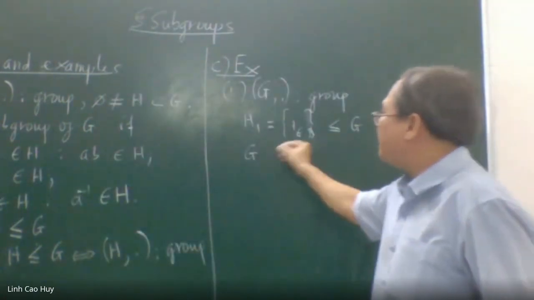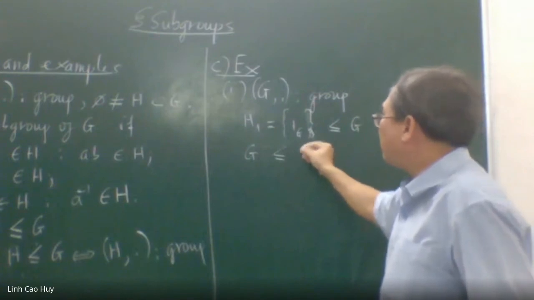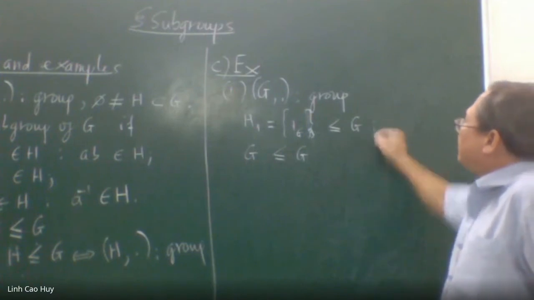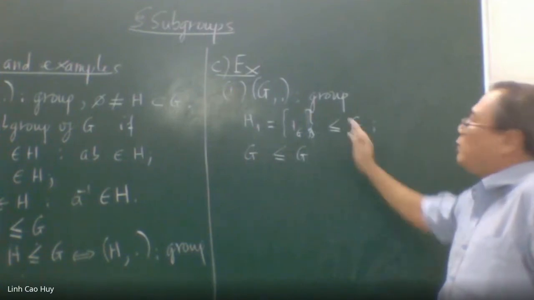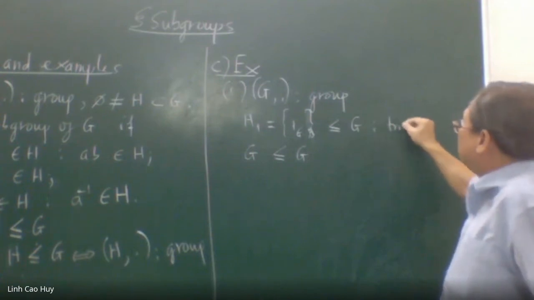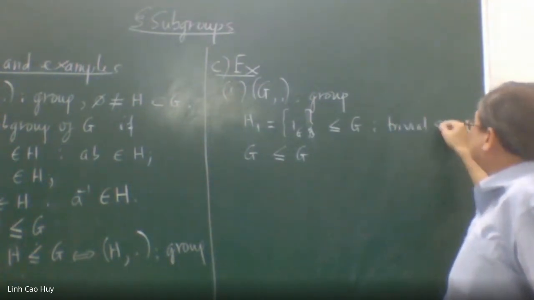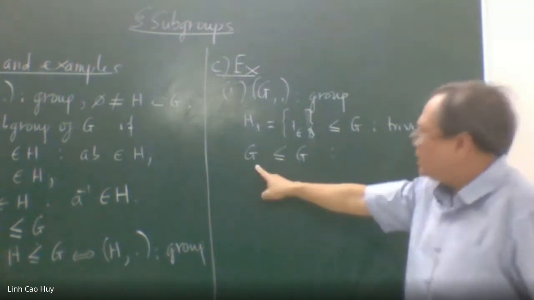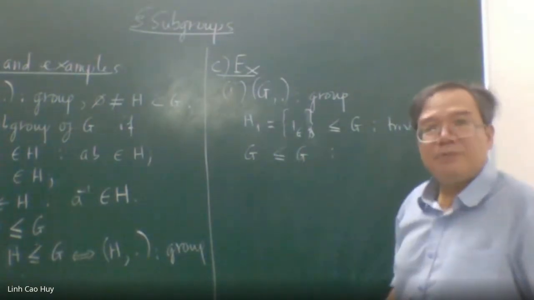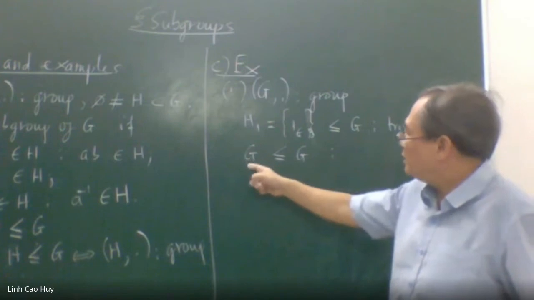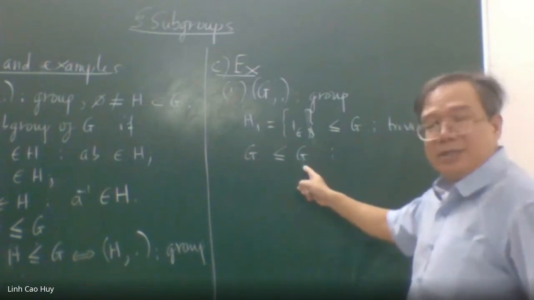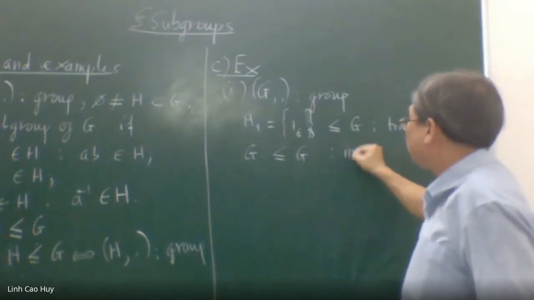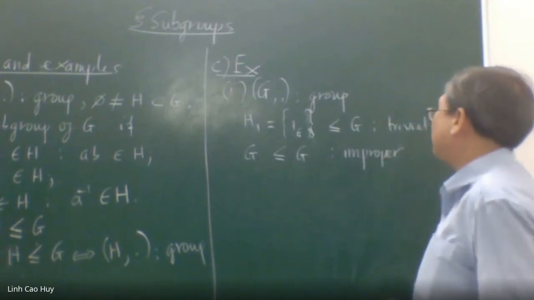So we say G is also a subgroup of G. The first subgroup is said to be a trivial subgroup of G. And the second, G, a subgroup of itself, we say is the improper subgroup of G.